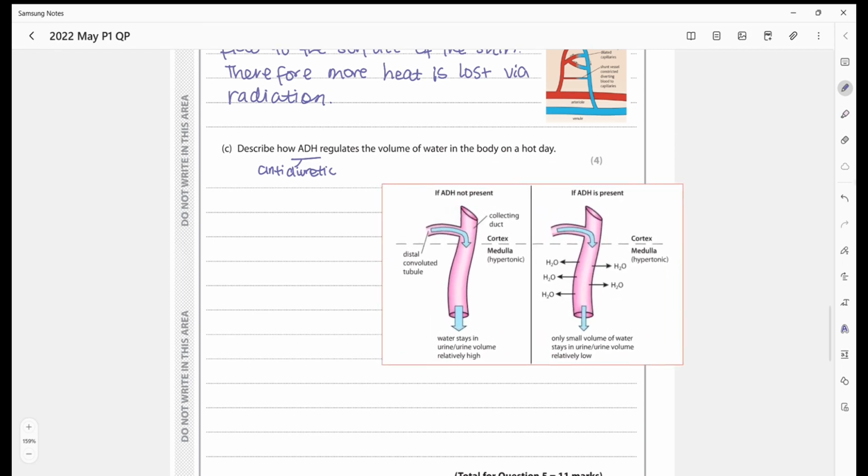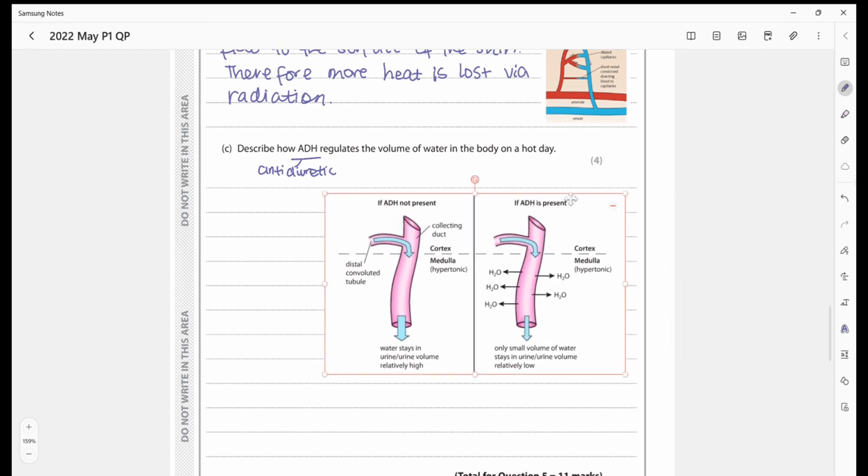So if you can see here, when ADH is present, more water gets absorbed from our collecting ducts, so that more water gets reabsorbed, so that you end up having urine with less water in it. Okay, so this is how we would write out the answer.